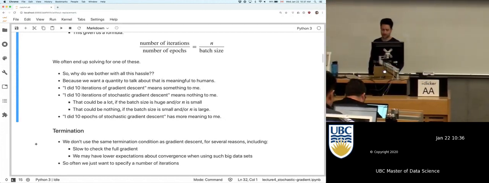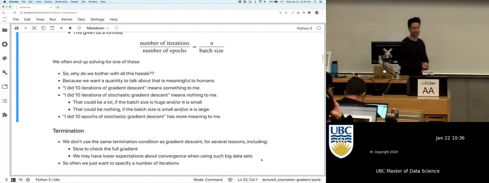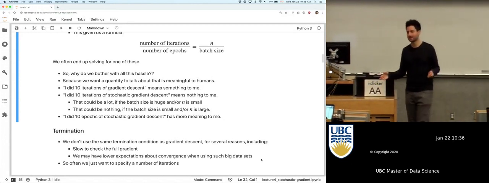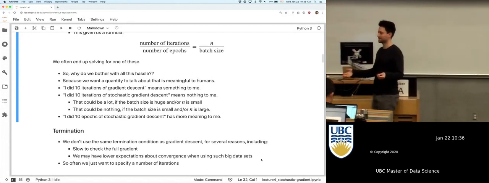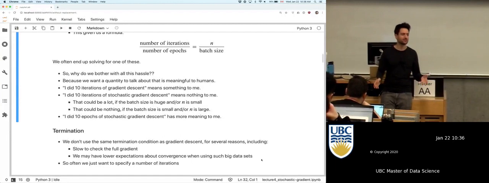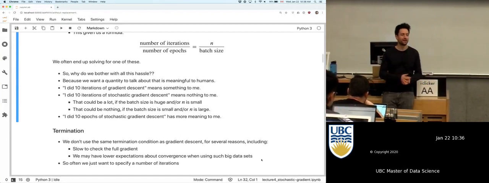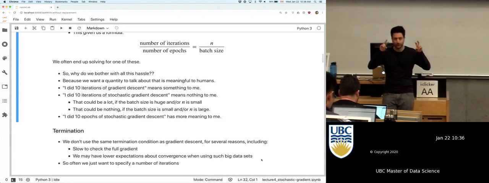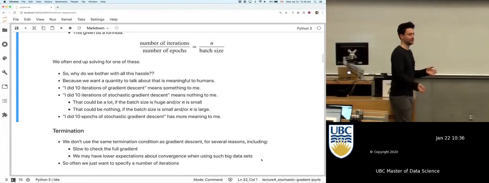And also, this is a bit vague, but if you're using stochastic gradient, it probably means you have a big data set. If you have a big data set, things are slow. You just may not have enough time to wait for full convergence or really high accuracy convergence.